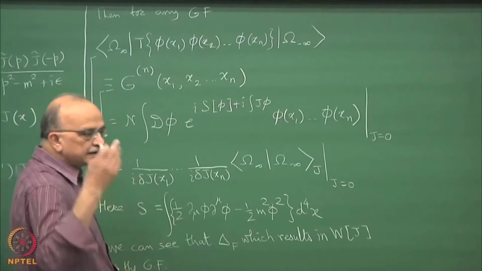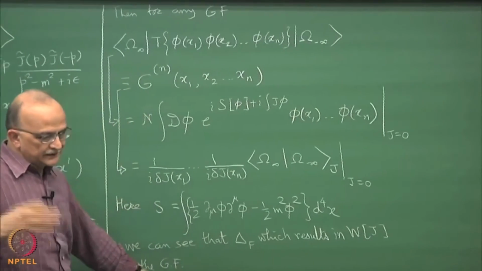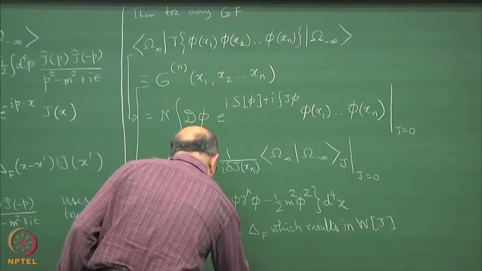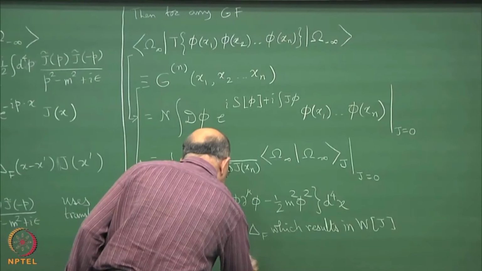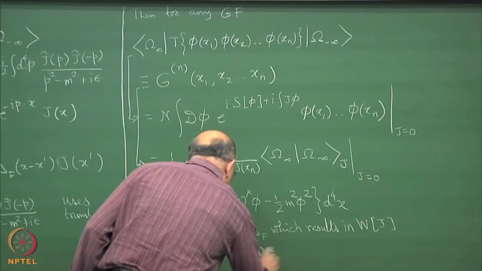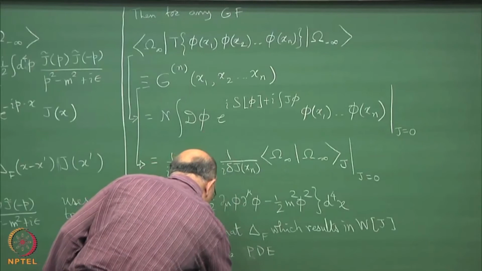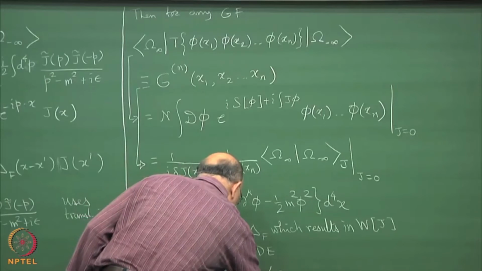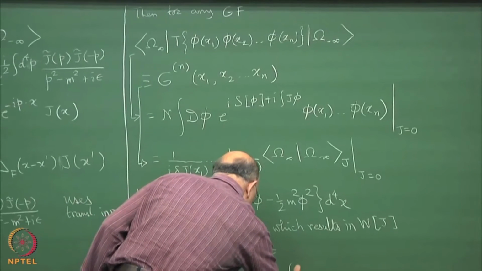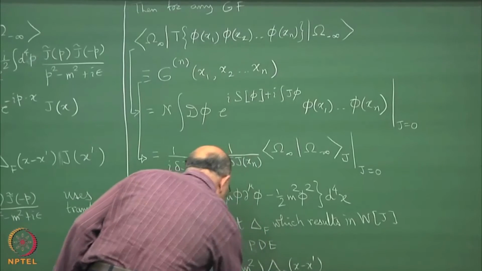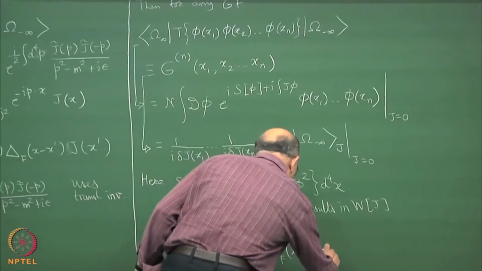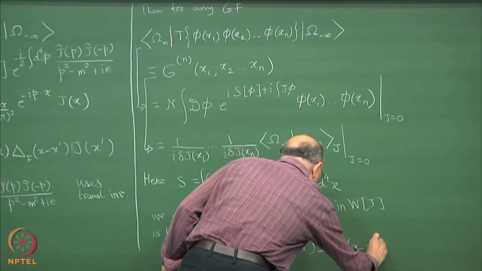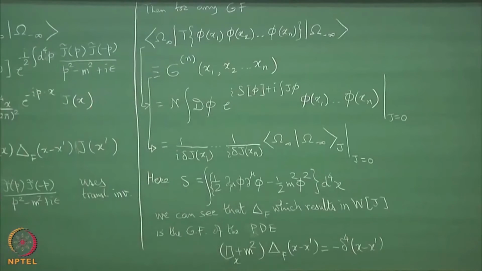Here, Green's function in the traditional sense, no quantum mechanics, just in the partial differential equation, Green's function of the PDE, and by the conventions that Ramond uses, it is equal to minus delta 4.